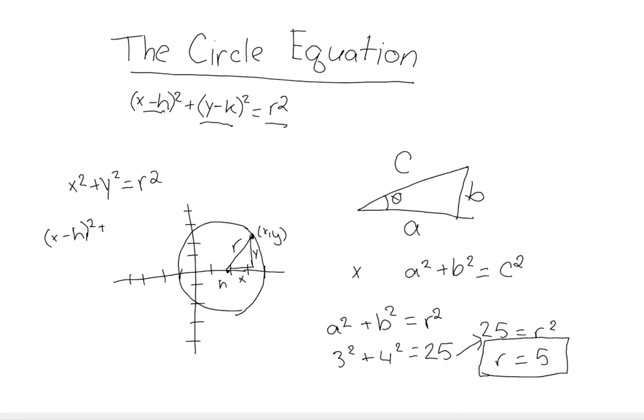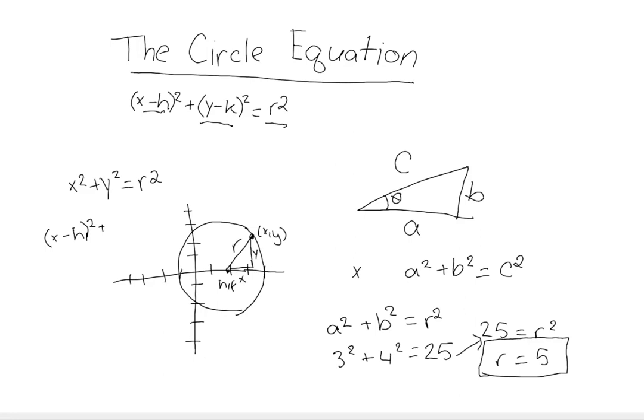Same thing with our y. We know our y value here, and whatever the y value of this point is, we'll just call it k. In this scenario, it happens to be 0, but if it was all the way up here, you wouldn't just take the y value, you'd want to find the distance. You would do that by taking this y value and subtracting it from this y value, which is k.